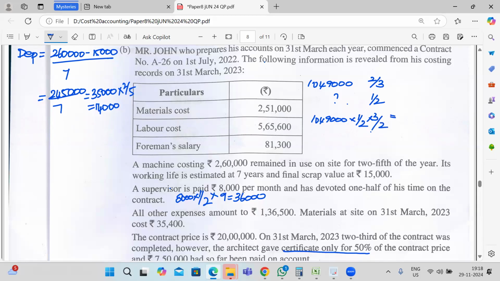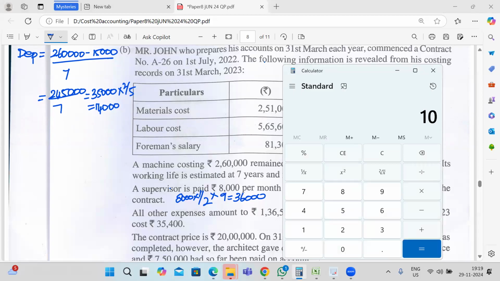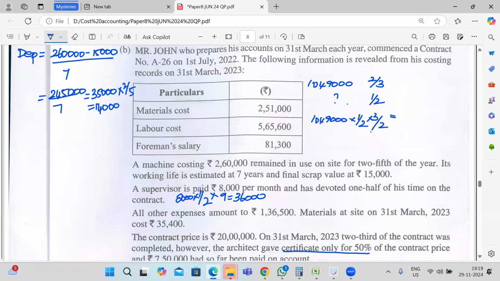So 10,49,000 into 3/2 into 1/2, that is around 7,86,750. So this half is around 7,86,750. The difference between 10,49,000 and 7,86,750 is 2,62,250 rupees. That is my work uncertified.